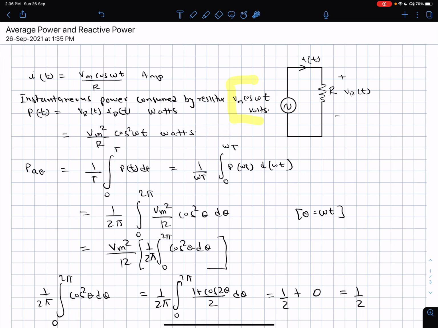And it's like rectifying. Let me draw it. I'll draw with cos square.